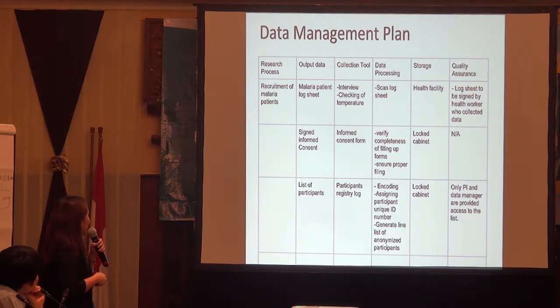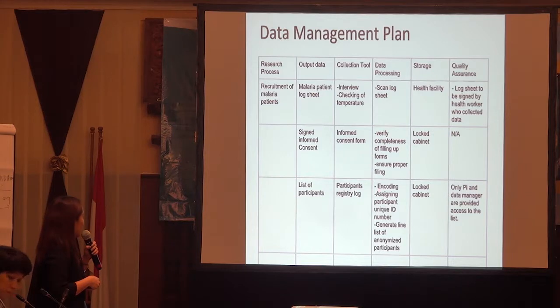The next is the signed informed consent. So we'll have the ICF, and for processing, it has to be verified for completeness prior to filing, and then it has to be properly filed in a locked cabinet. And the next is the list of participants. So we should have a participant registry log, and for processing, there has to be, of course, encoding, assignment of participant unique ID number, and the generation of a line list of anonymized participants.